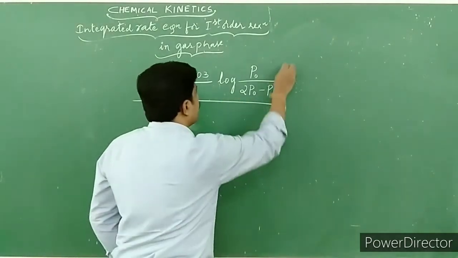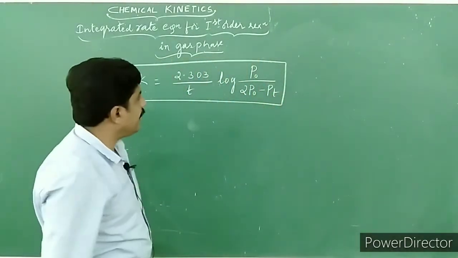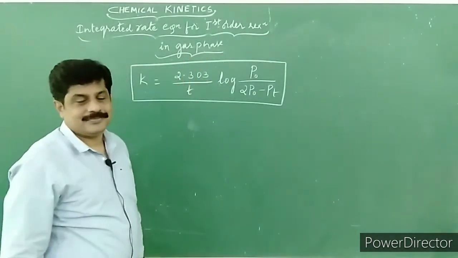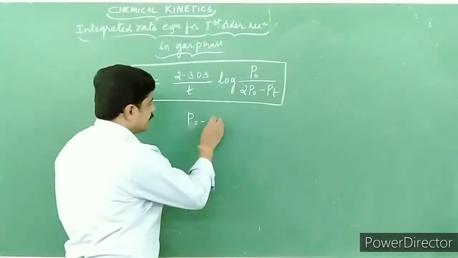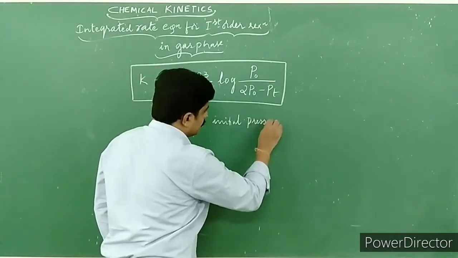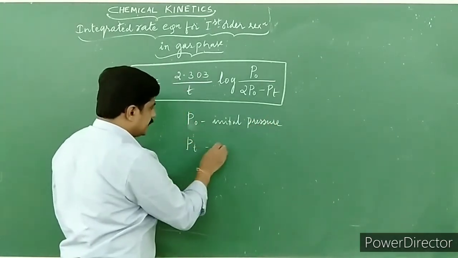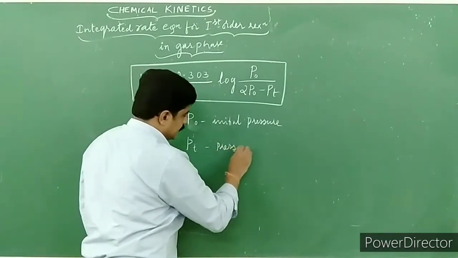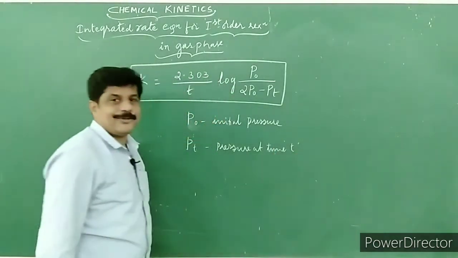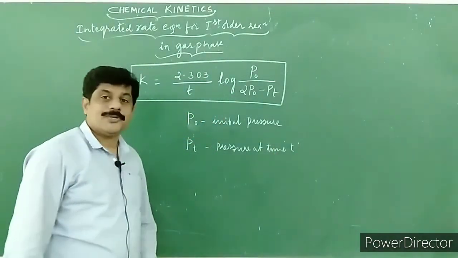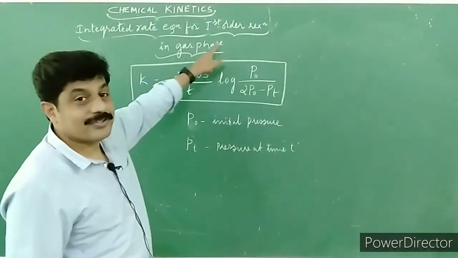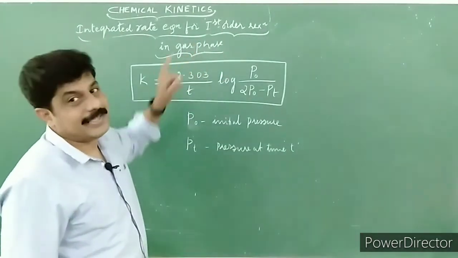This is the expression used to find the rate of a reaction for reactants in the gas phase, where p naught is the initial pressure and pt is the pressure at time t. You need to remember this, because we are going to solve some numericals on the integrated rate equation for first order reaction in the gas phase.